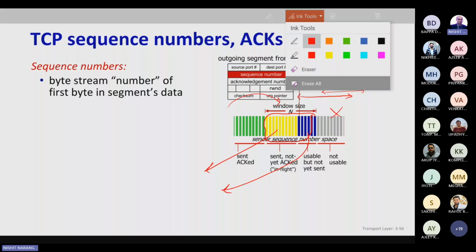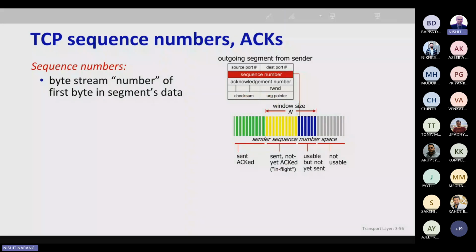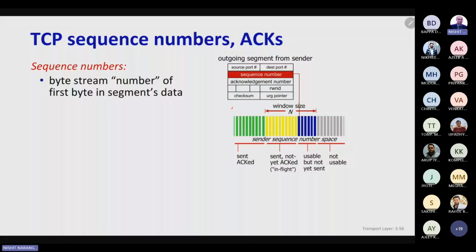So you understand now what is the TCP sliding window, right? Now if I have to send these blue bytes, and the yellow have already gone, what will be the sequence number? The sequence number will be the byte count of the first blue byte. Let's say this green byte was 1 and the last green byte was 100.